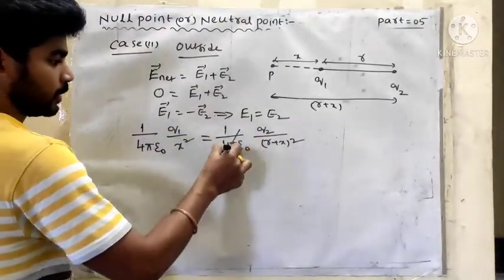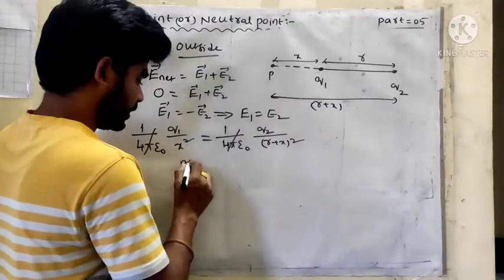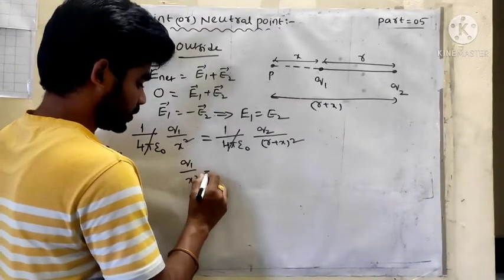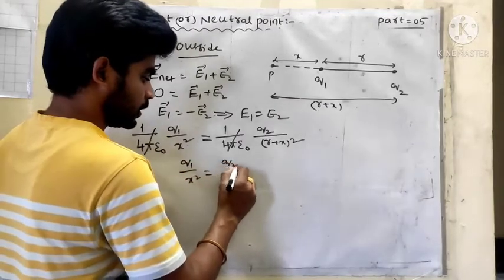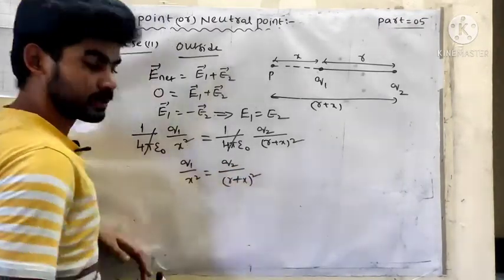Here 1 by 4 pi epsilon naught cancels, remaining q1 by x square is equal to q2 by r plus x whole square.